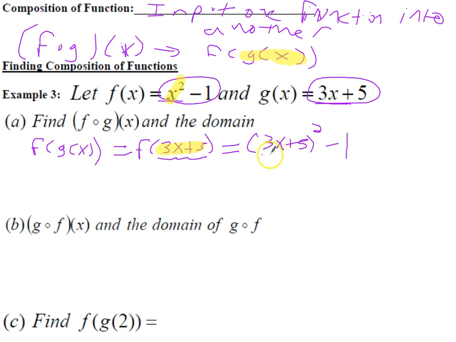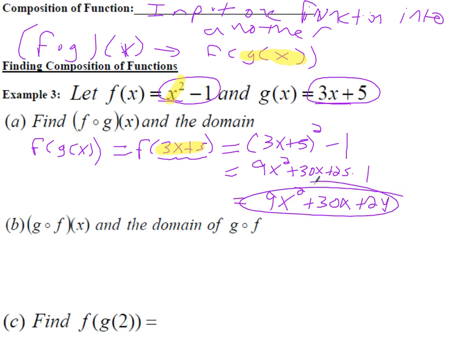So now we're going to simplify this and multiply this out. And when we do that, we get 9x squared plus 30x plus 25 minus 1. Again, that's from doing 3x plus 5 times 3x plus 5. And that's going to simplify to 9x squared plus 30x plus 24.